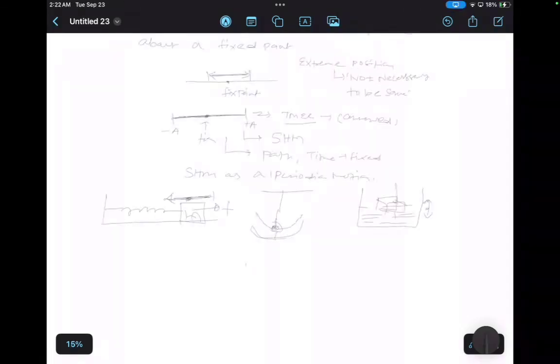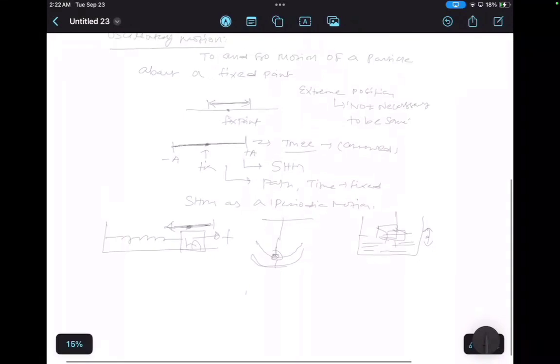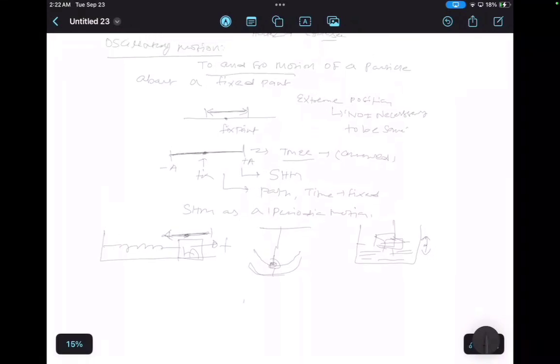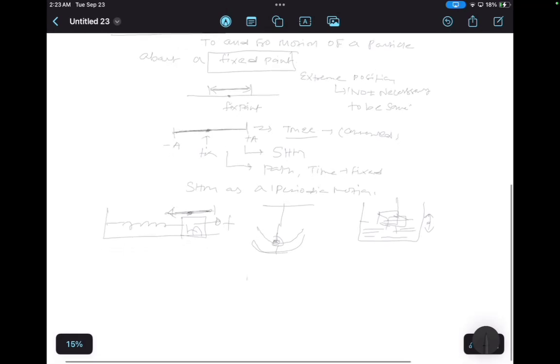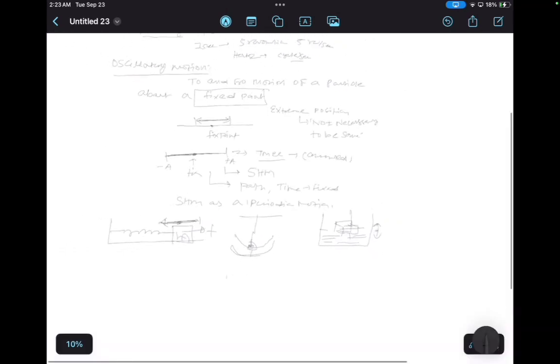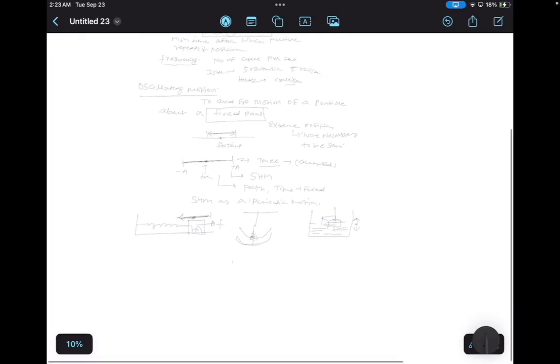In the above three examples, we have seen the particle oscillating about some point, and we called this point a fixed point, but this is not the true term. If you talk in terms of physics, we call this fixed point the mean position.